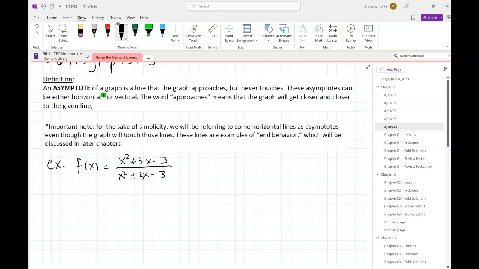This is called a rational function. You might remember that term from last year in your Algebra 2 class. A rational function is just one polynomial divided by another polynomial.